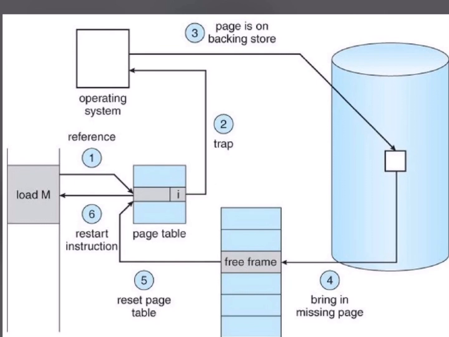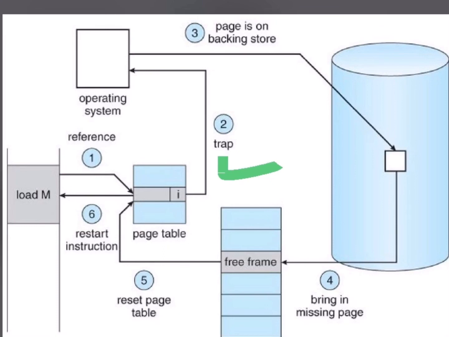Now point number 2, which I have written here and circled. This process produces a trap. What is a trap? A trap means a highest priority non-maskable interrupt.